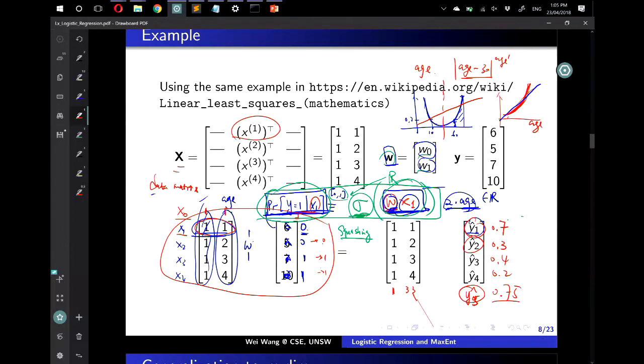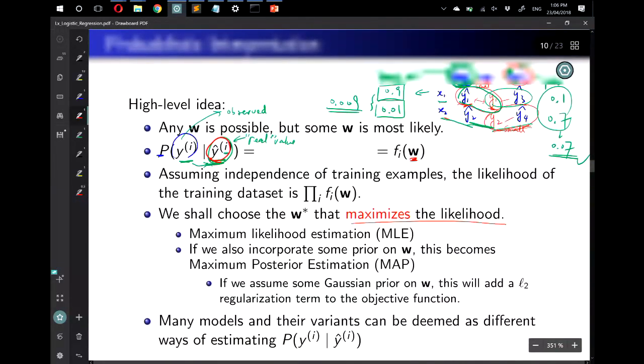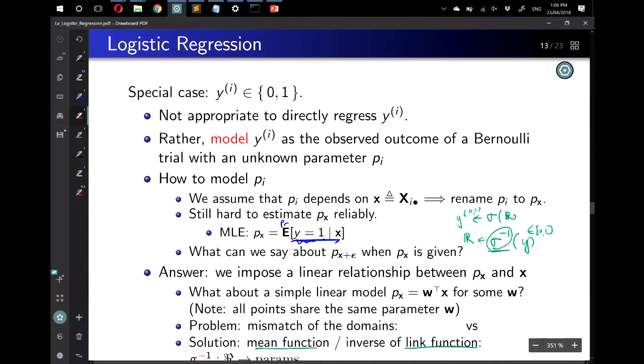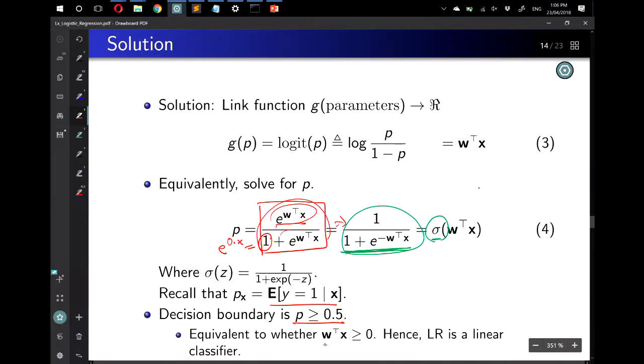And I think this is straightforward, right? Because the probability is just like a coin. If you believe the probability of seeing head is strictly larger than 0.5, your prediction will be head. So as long as this predicted value is greater than 0.5, you predict y equal to 1. Otherwise, y equal to 0. If you work out the mathematics, which I won't go into, it's a very simple thing, you will find that the decision is the same as whether the feature vector times this W is greater or equal to 0.